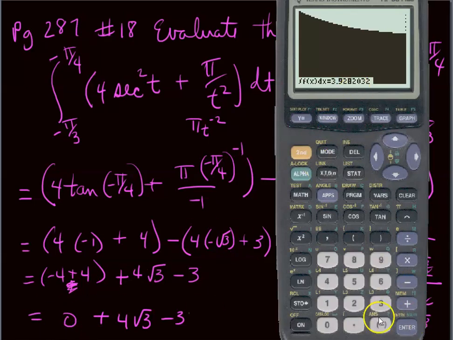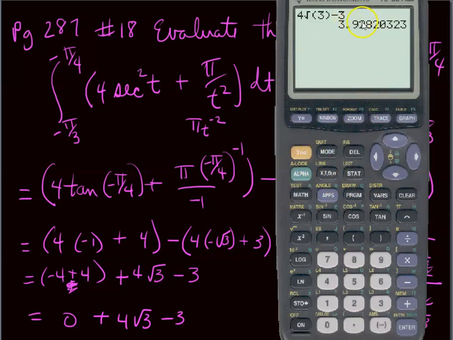Okay. If you'll notice, this is that 3.928, and if we go back to the home screen, we get the 3.928 with our 4 square roots of 3 minus 3. So I think we did a pretty good job on this one.